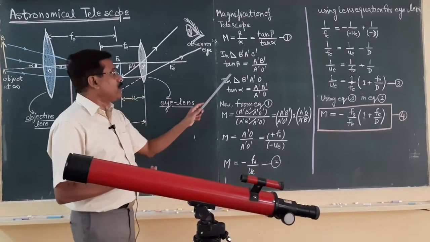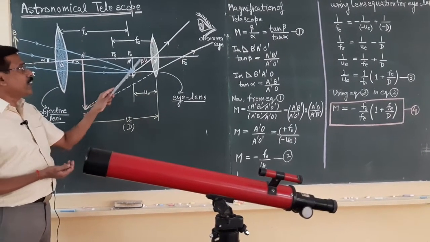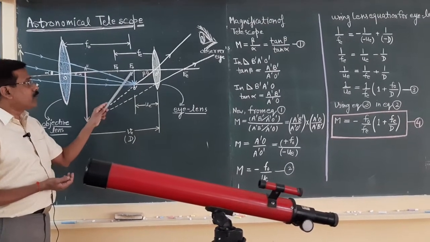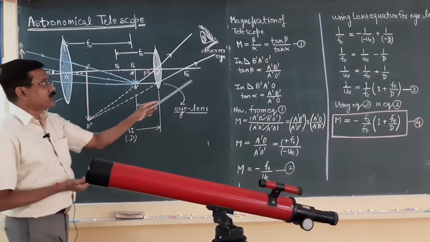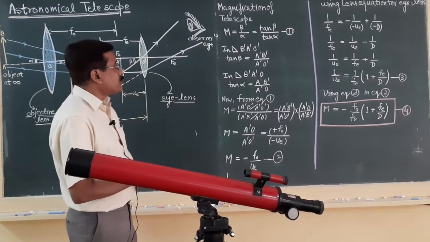For tan beta, we come to the right angle triangle B'A'O'. So tan beta is equal to A'B' upon A'O'.